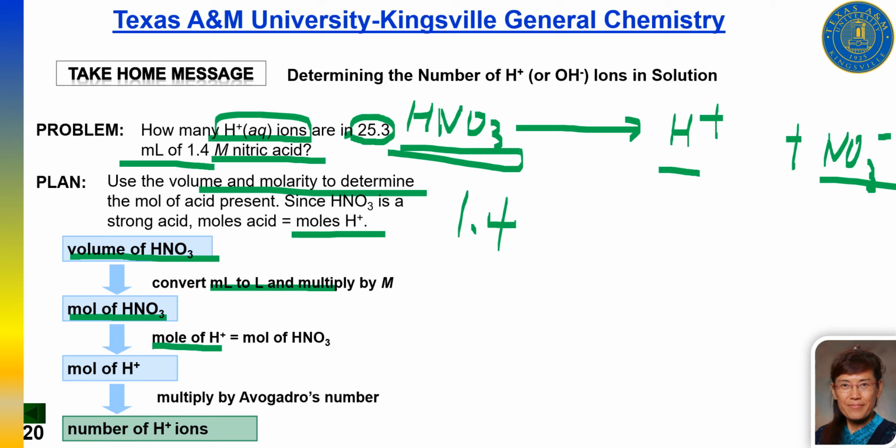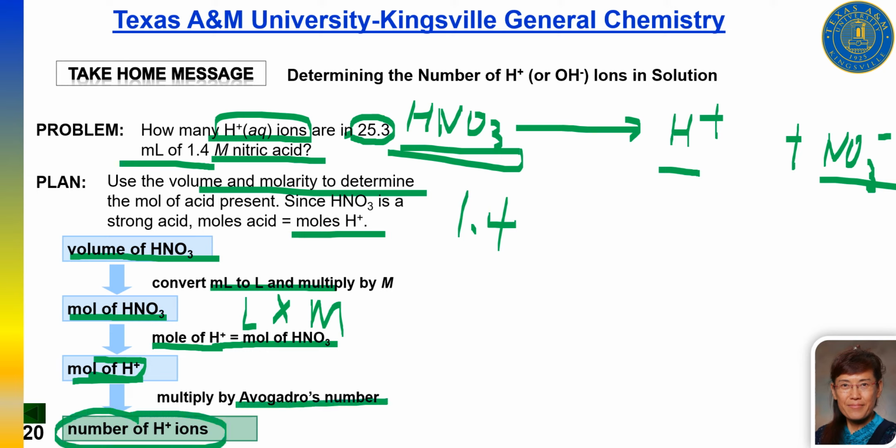The moles determined by this balanced reaction. 1 mole nitric acid produces 1 mole proton, meaning the moles of proton equals the moles of nitric acid. And then you calculate the moles by using the molarity times the liters. Liters multiplied by molarity gives you the number of moles of proton. And then you determine the number of the proton ions.